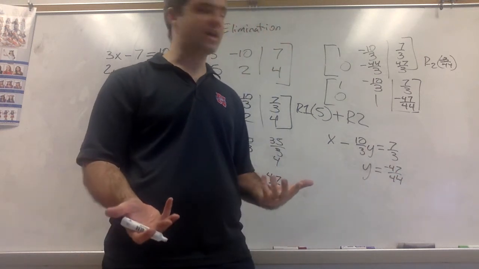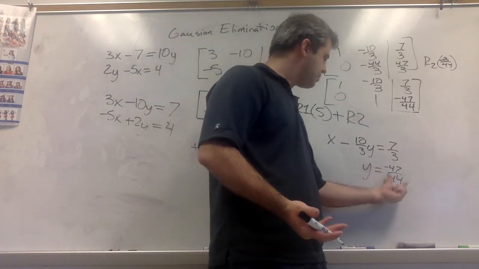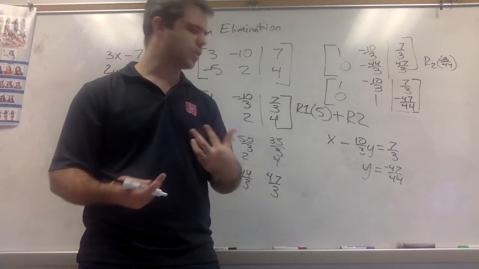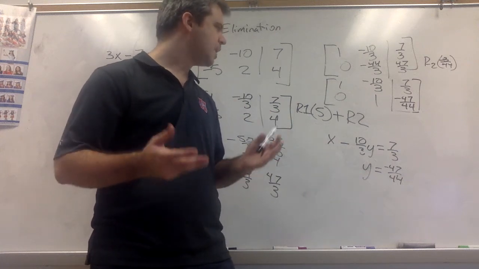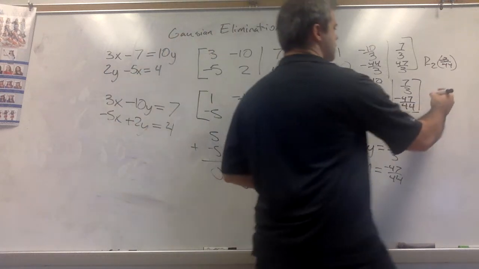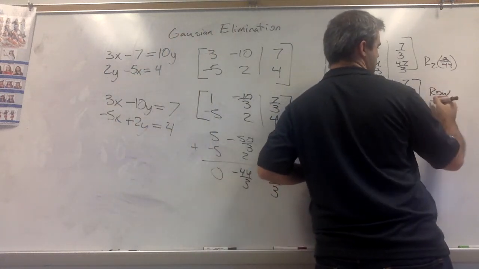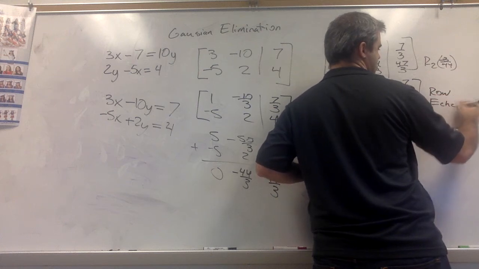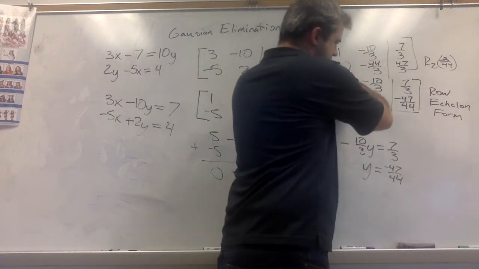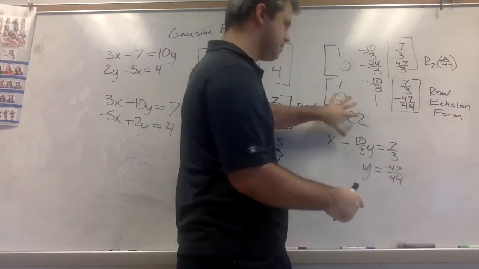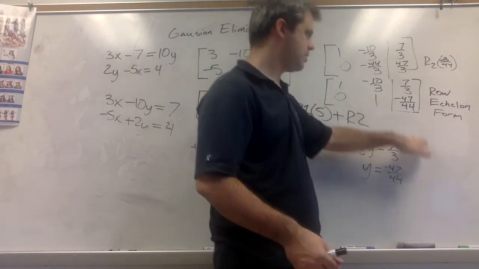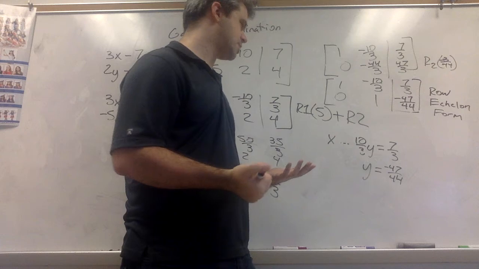Once I've solved my y, I can put my y back in and I can find my x. I'm not going to do it because we've got gross fractions here, but this is called row echelon form, where you've got nothing but leading 1s other than my zeros, and below every 1, we've got zeros. This is called row echelon form.